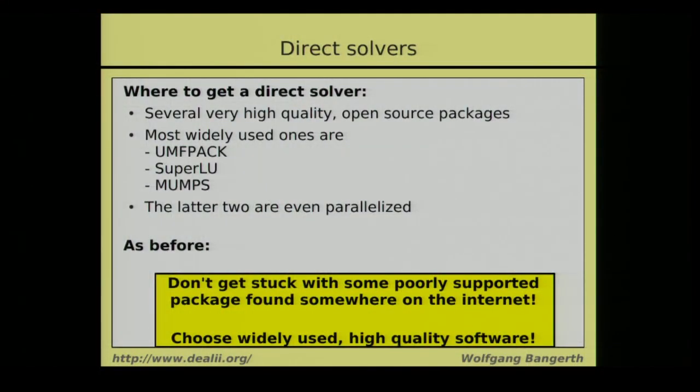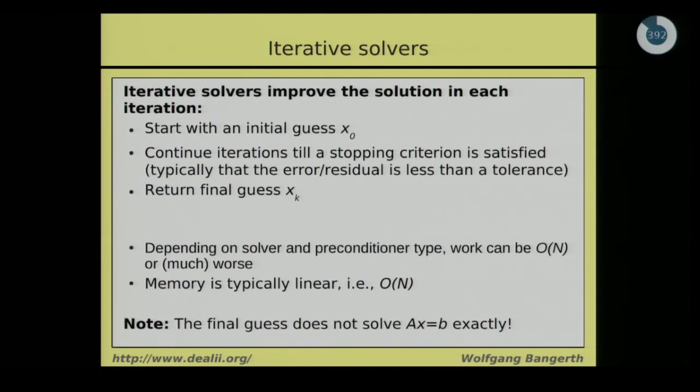The alternative to direct solvers is what we call iterative solvers. And I'm sure you have heard the basics of this. Basically, the idea is something like this. You start with an initial guess x0 for the solution of Ax equals b. It could, for example, be the zero vector.